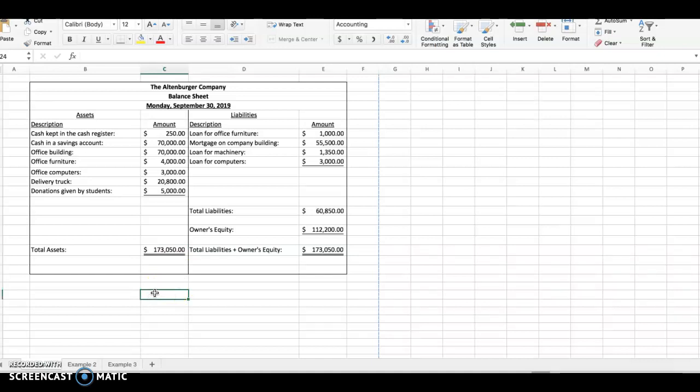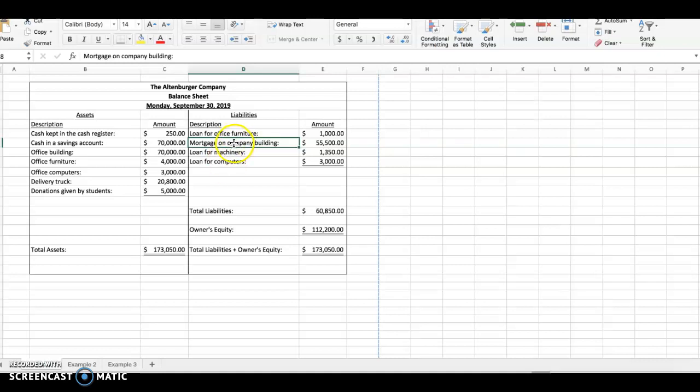The right side will show a couple things. It will show liabilities. First of all, liabilities are things that we owe. These are debts that we have. We owe this money. And there's a description. And there are some loans. We have a loan for office furniture, so we owe $1,000. There's a mortgage. A mortgage is simply a long-term loan, typically on real estate, buildings and property.